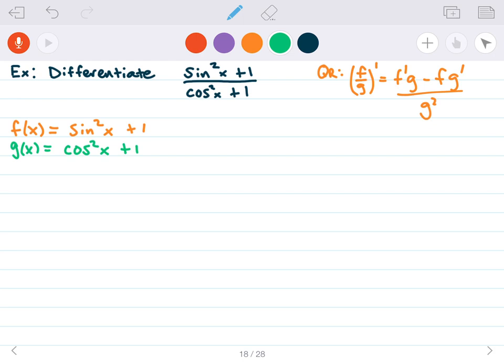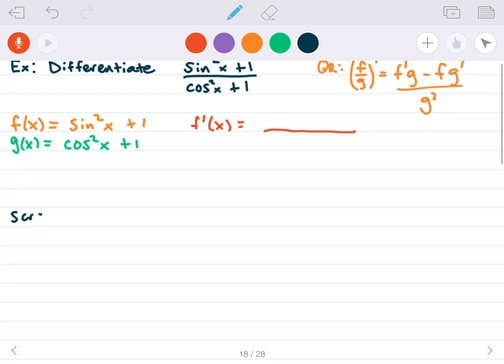What I need to do is find f prime and g prime. So f prime of x: we want to take the derivative of sine squared x plus 1. Let's do some scratch work to find that. For sine squared, we have to use the chain rule because we have a function within a function.